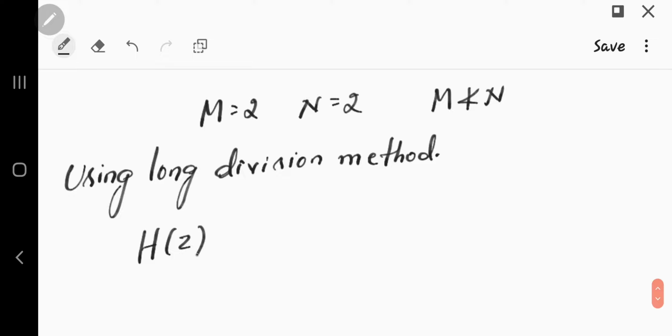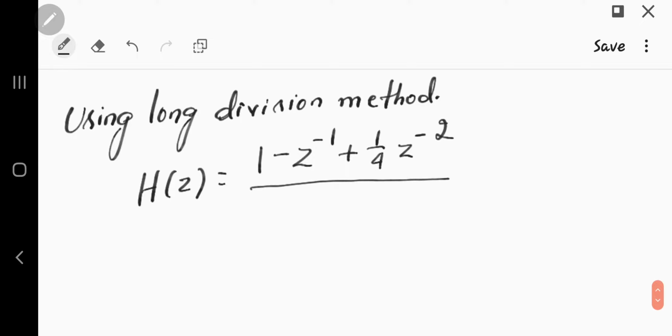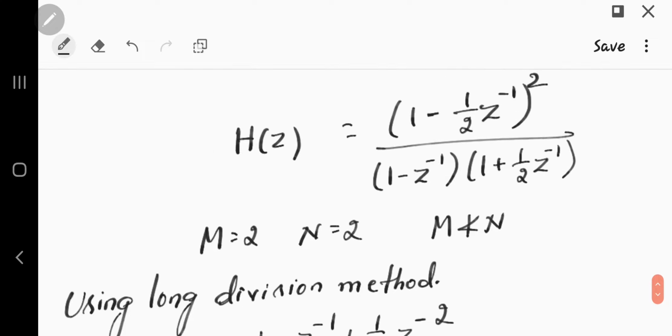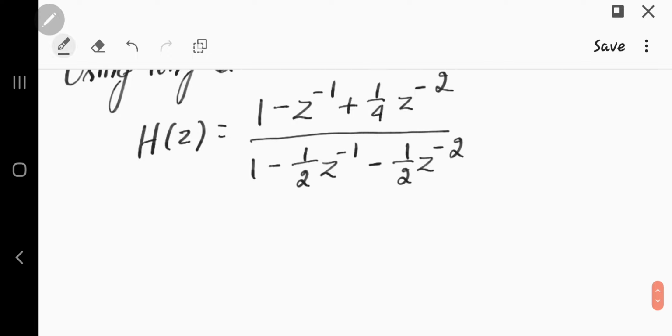So we can write h of z as 1 minus z inverse plus 1 by 4 z to the power of minus 2, divided by 1 minus 1 by 2 z inverse minus 1 by 2 z to the power of minus 2. That means we have multiplied the denominator, and in the numerator we have the a minus b whole square form, so that's what we have expanded here.